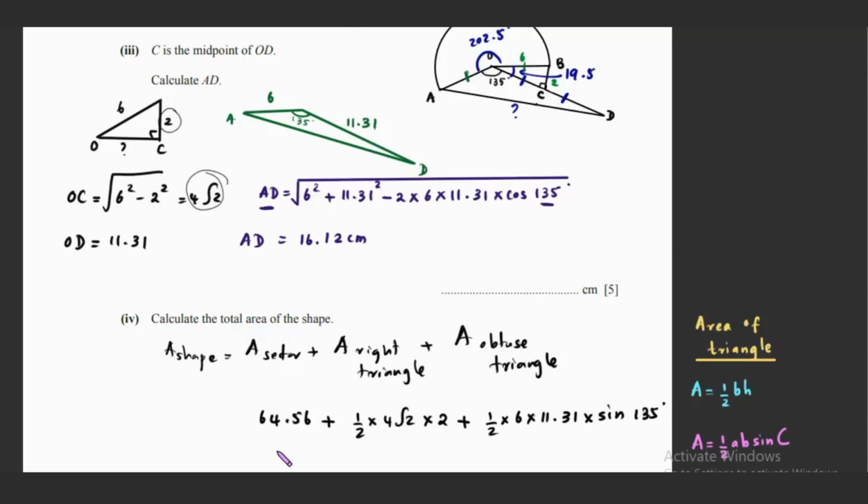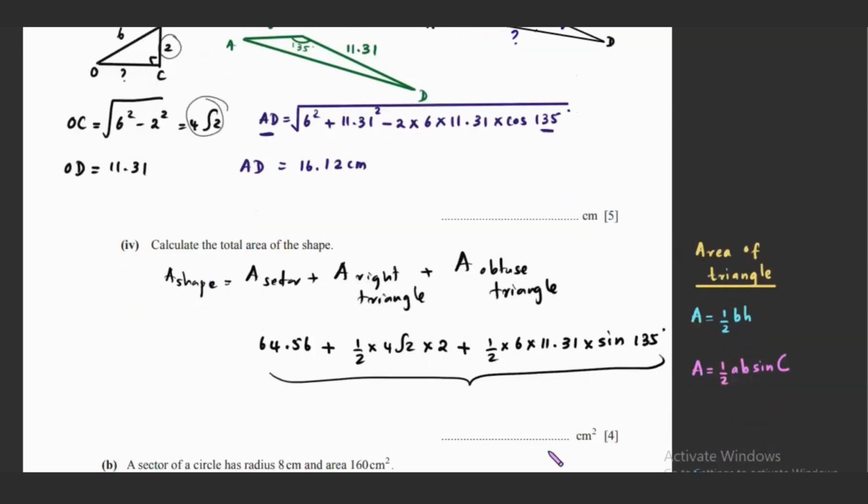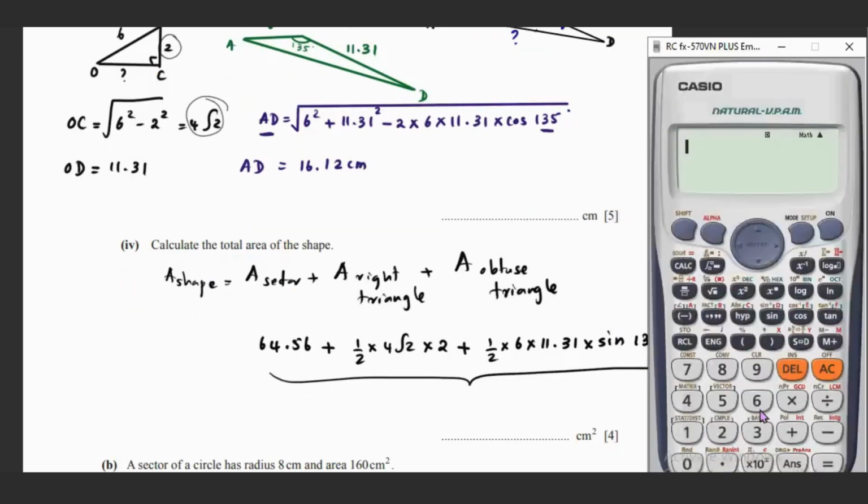So we are going to put this in the calculator and see what we get as the answer. So this will be the area of the shape. So let's put everything all at once. So we have 64.56. With that, I need to add half times 4 root 2 times 2.